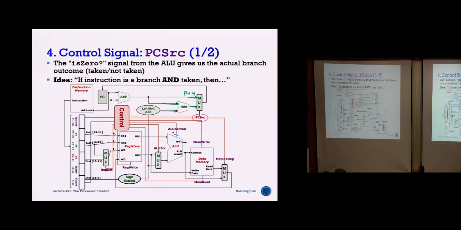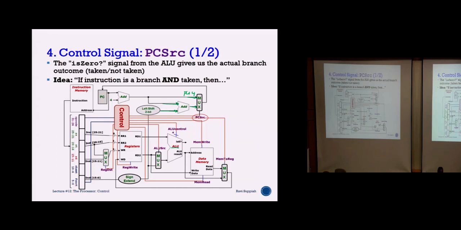But one thing is, can this PC source signal be directly generated from your control block? Cannot. Why? Because your control block can only tell you that this is a branch instruction, but it cannot tell you whether the branch is going to be taken or not. The decision on whether the branch is to be taken or not is only obtained from the ALU. Only after I compare the two numbers can I make a decision.